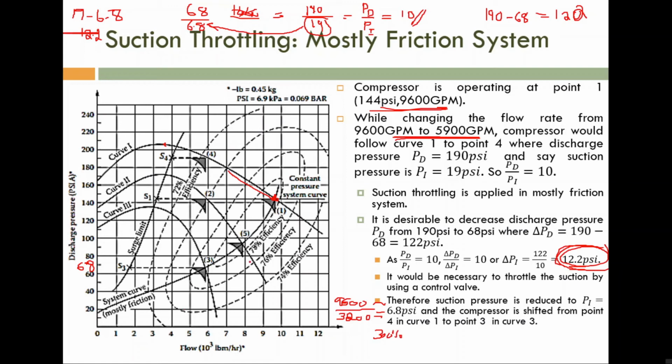Now, if the flow rate is decreased, the operating point is shifted to 3, where the flow rate is the same, 5900. What about the surge flow? You can see that operating point 3 is lying on curve 3, where the surge flow is around 3000.